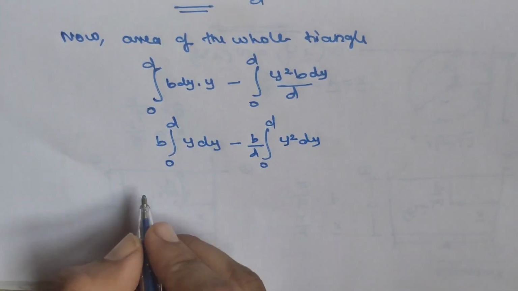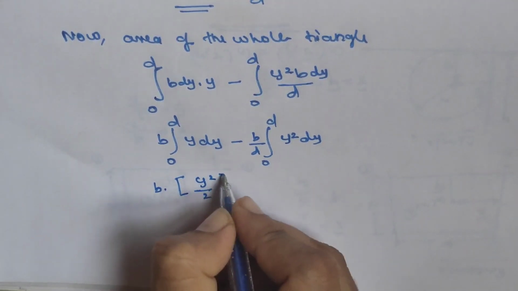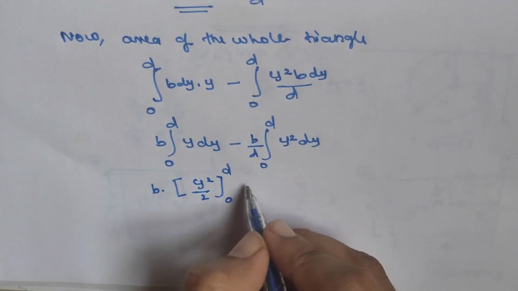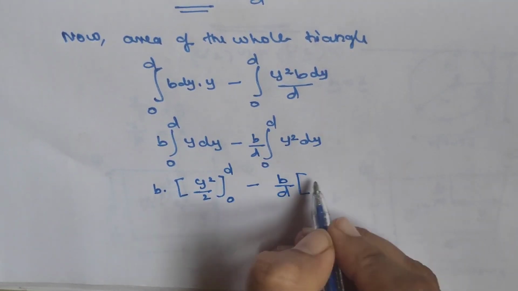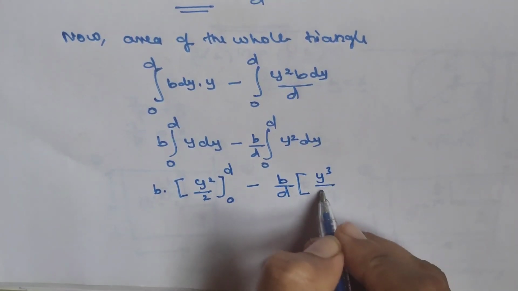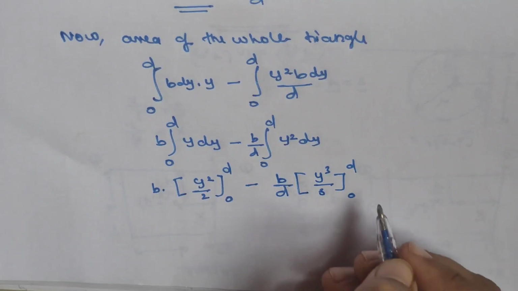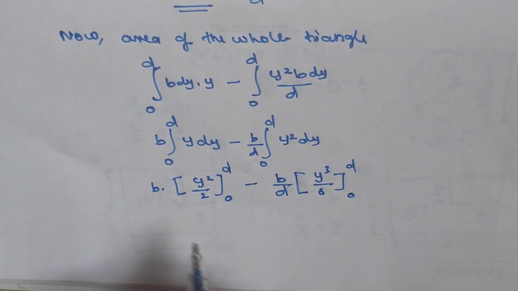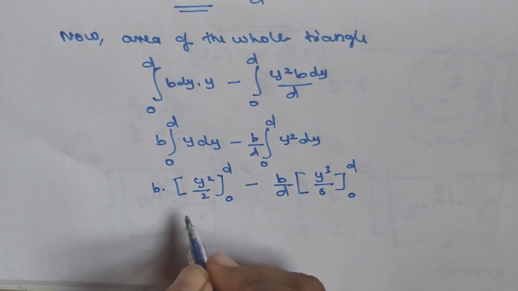It's b into y square by 2, limits 0 to d, minus b by d outside, y cube by 3, the limit is 0 to d. Now we reduce it by putting y in terms of d.